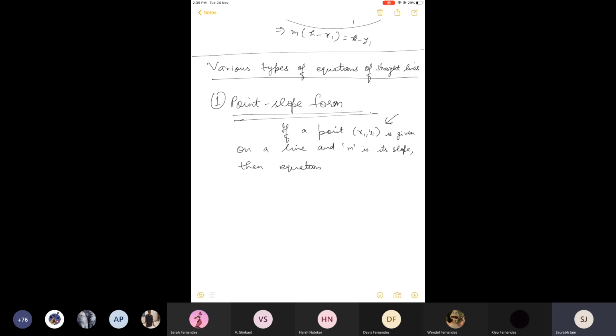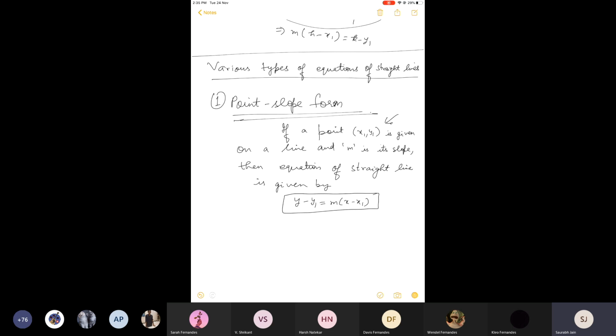on a line. Okay, coordinates will be fixed, say 1 comma 2, like that, and the slope of the line will also be given in the question. Then the equation of straight line is given by y minus y1 equals m into x minus x1.